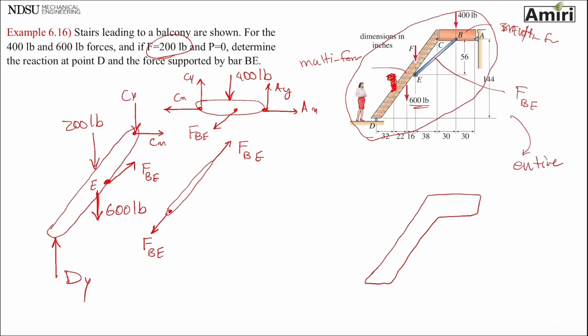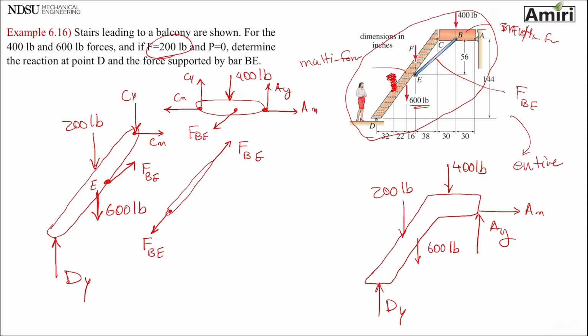I'm not taking it apart. Let's see, I have a 400 pounds on it. I have a 200 pounds on it. I have a 600 pounds on it. I have a dy because it's a roller, and then I have an AX and AY. Okay, I have 3 unknowns, so I can solve this.